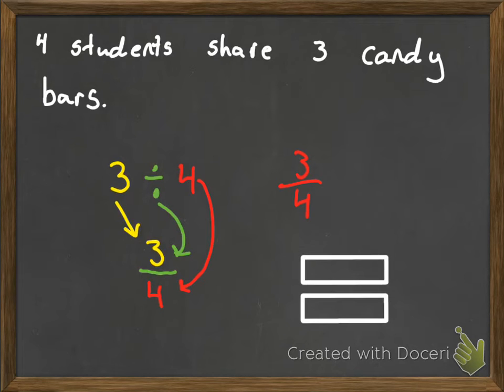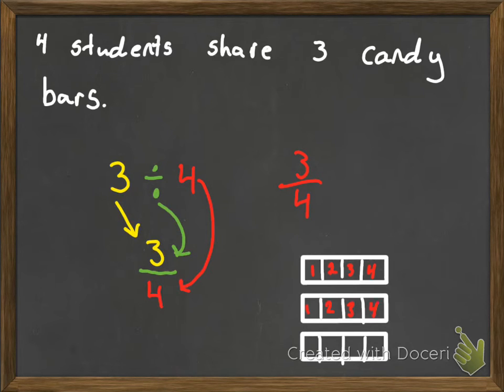Let's look at this as a picture. So here are my 3 candy bars, and I have 4 students. So I'm going to cut each candy bar into 4 pieces. So each kid now will get 1 piece from every candy bar. So 1, 2, 3, 4. And then the next candy bar, kid 1, kid 2, kid 3, kid 4.